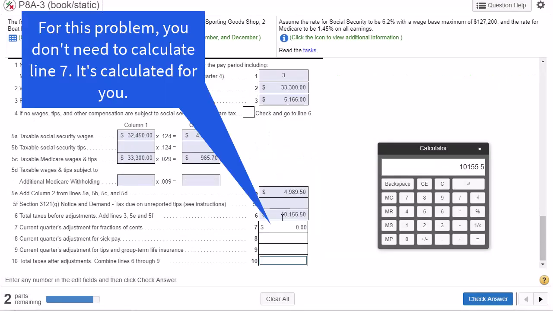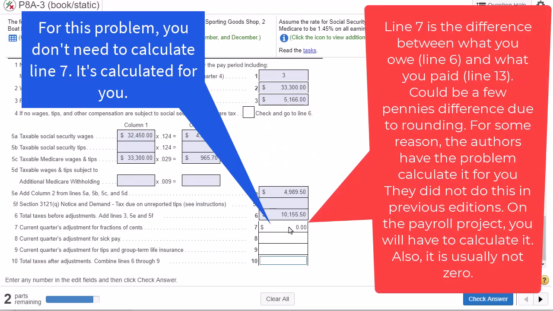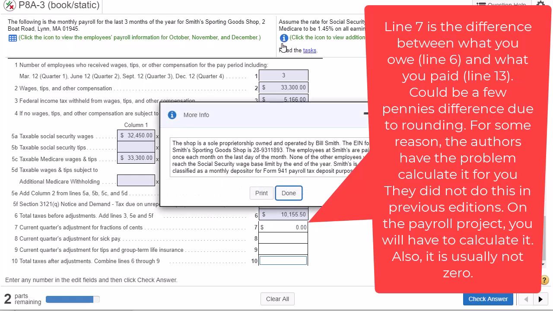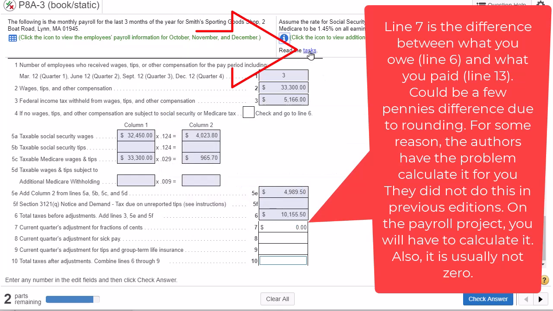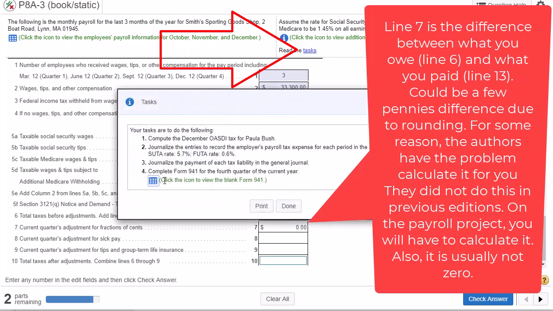Excellent. All right, line 7. So line 7 is calculated for you. Now, when you do the payroll project, you're going to have to calculate that yourself. So what's going on with line 7 is, we have to look at the Form 941.